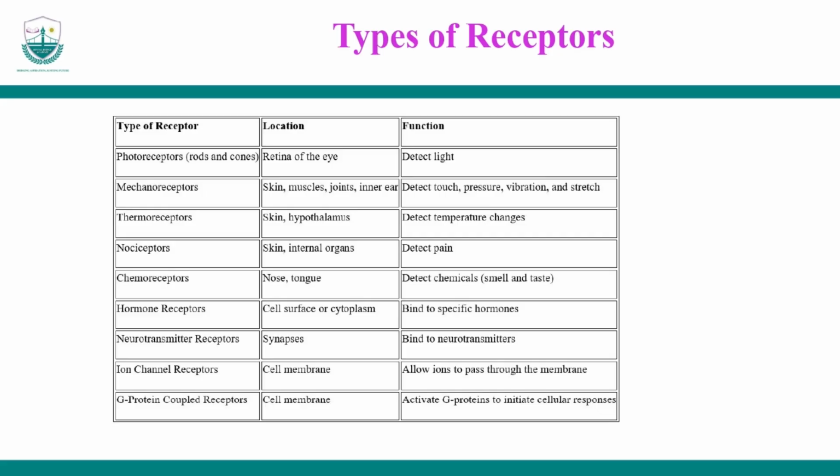On the cell membranes, we have what we call ion channel receptors. This basically means that on the cell membranes we have channels where ions move in and out of the cell. So these are also receptors. We call them ion channel receptors.